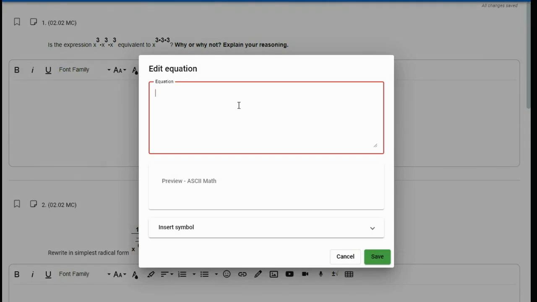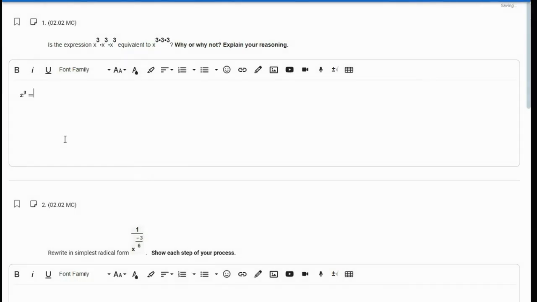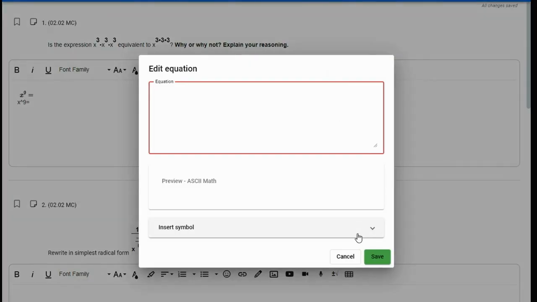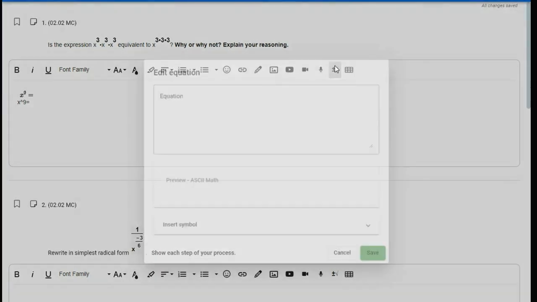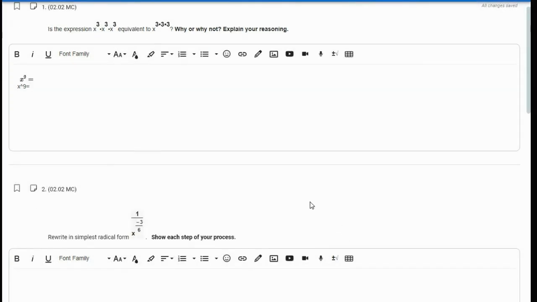Because if I say x to the 9th would equal, I want it to look like x to the 9th would equal, instead of just x underscore 9 equal. There's a big difference. I want it to look right. So make sure you use the insert equation button.